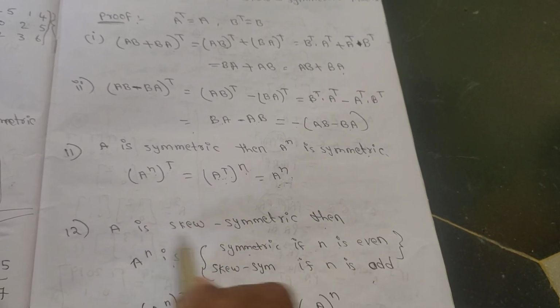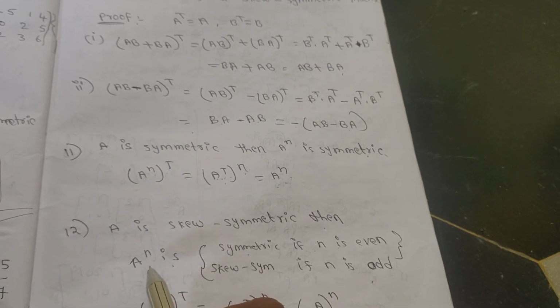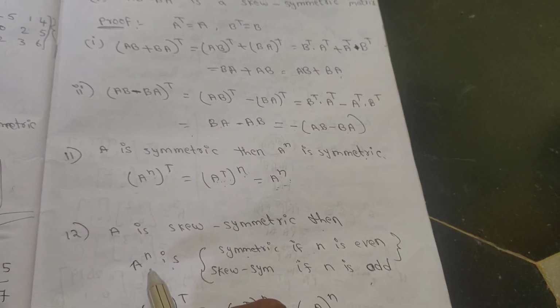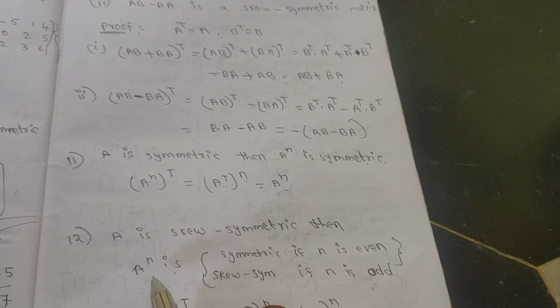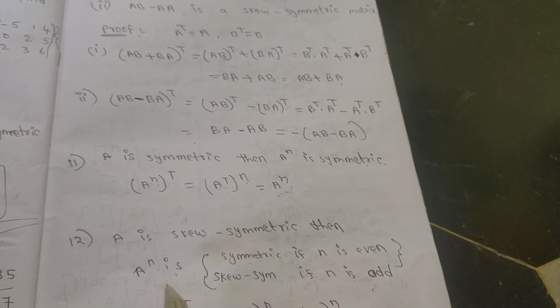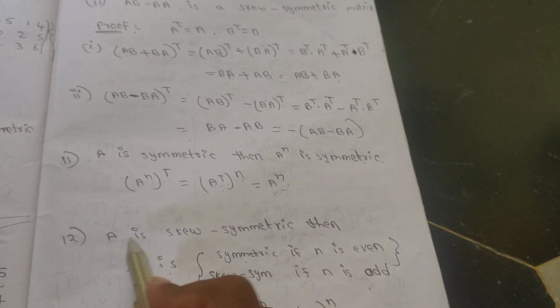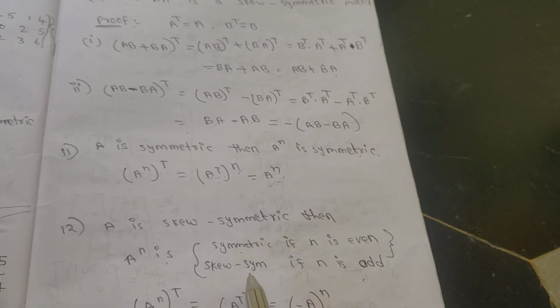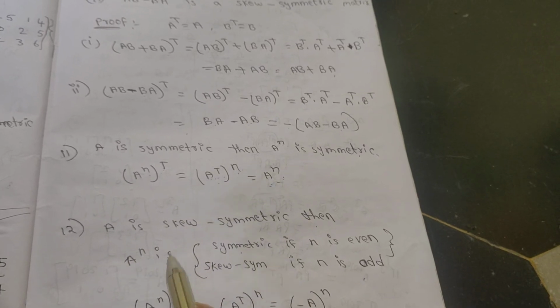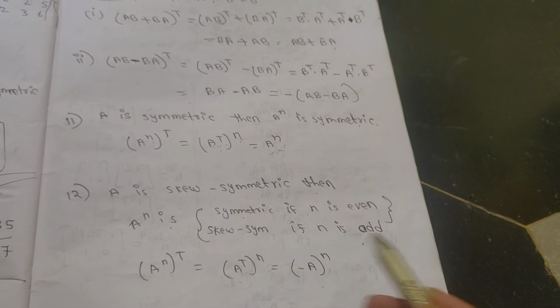That means if A is skew symmetric, A squared, A⁴, A⁶, A⁸, A¹⁰, all these are symmetric matrices. A¹ is skew symmetric, since 1 is an odd number. If n is odd, it is skew symmetric: A cubed, A⁵, A⁷, all these are skew symmetric matrices.